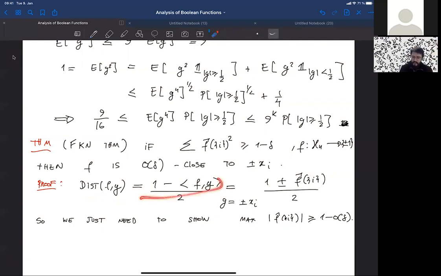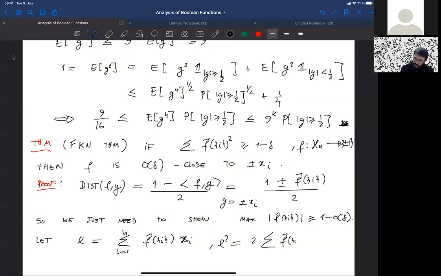The distance also has an L2 representation, which if you figure it out, I think it would be 1/4 of the L2 norm of f minus g. Okay, so then let L be the linear polynomial, sum over i equals 1 to n of f hat of i x_i, and note that L squared is what? Let me just write f hat of i as the Fourier transform as this guy, just to ease the notation.